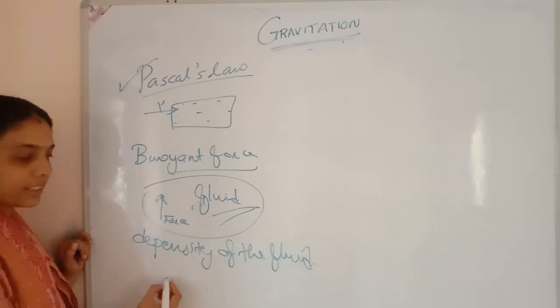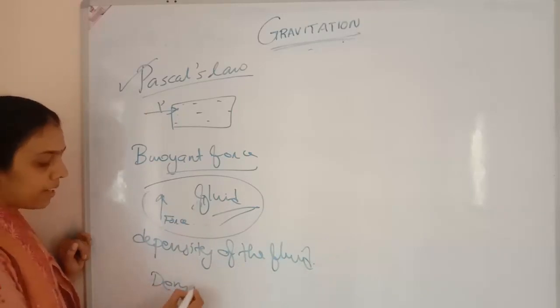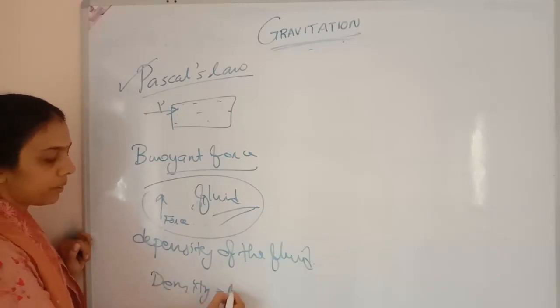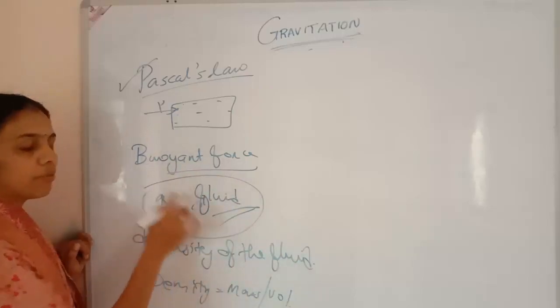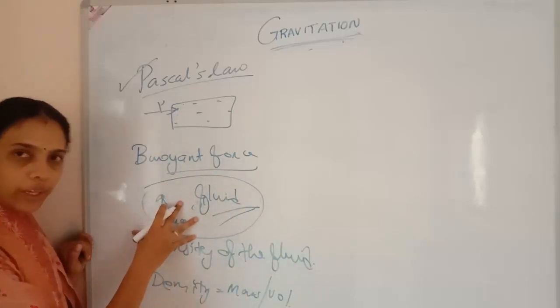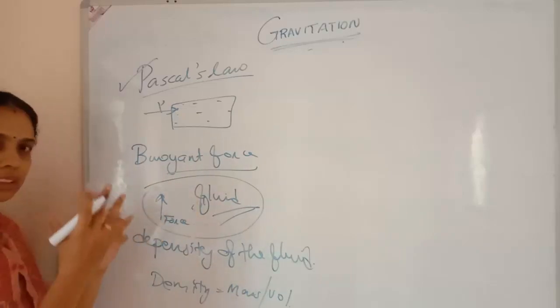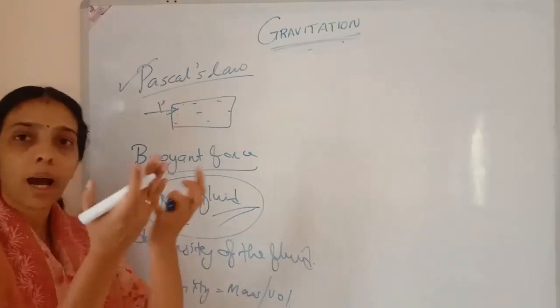Density you know, right? Density equals mass by volume. Buoyant force is the force exerted by the fluid in the upward direction.